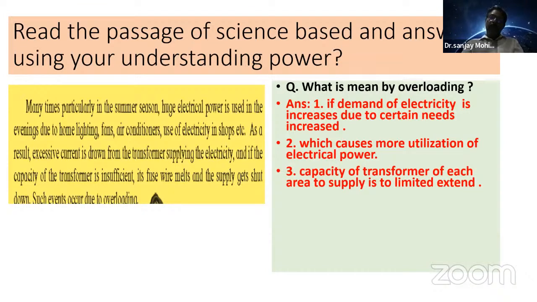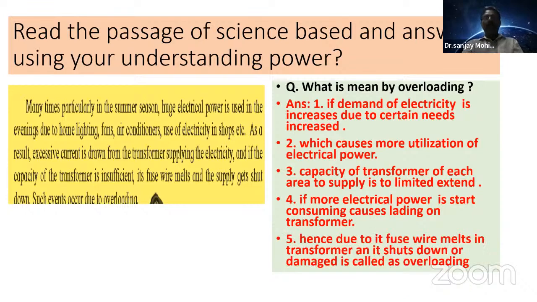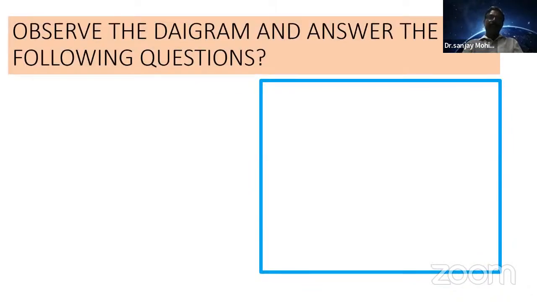If more electrical power is consumed, it causes loading on the transformer, and the transformer may get damaged. This is what we call overloading. And due to the overloading, the fuse wire gets melted.